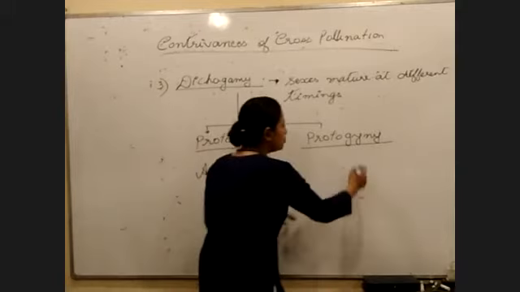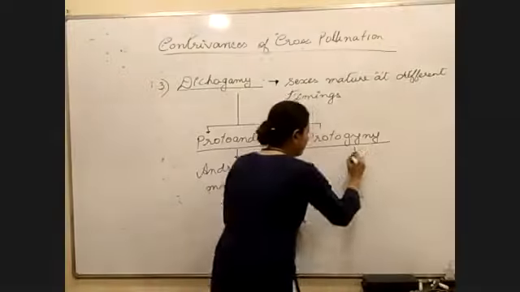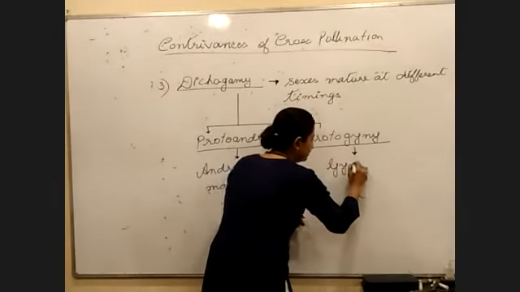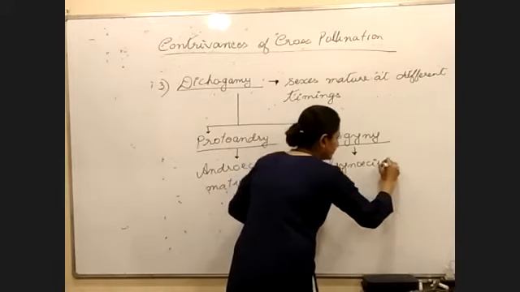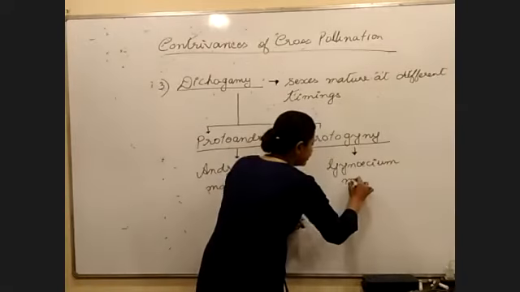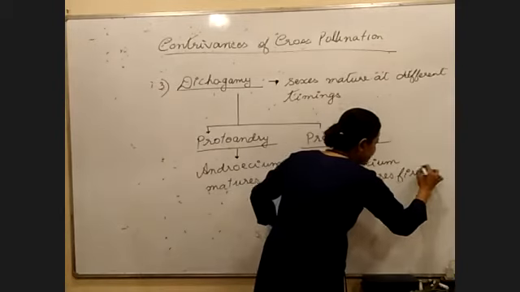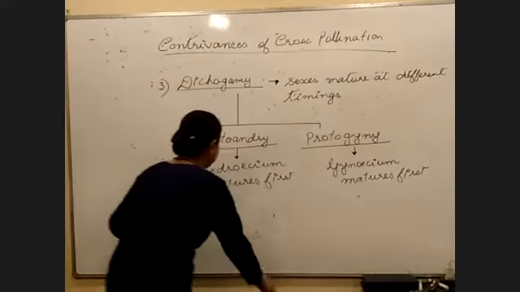What is protogyny? In such a flower, the female part, or the gynoecium, matures first. Is the concept clear?